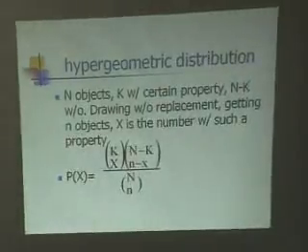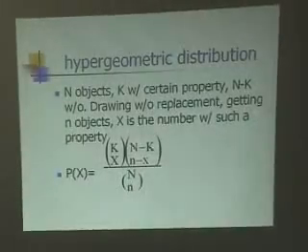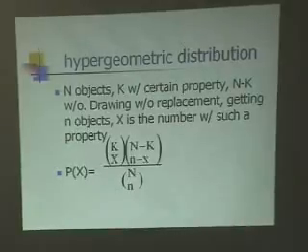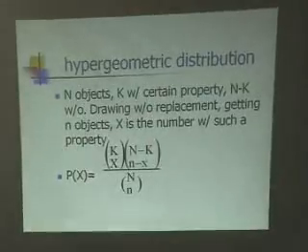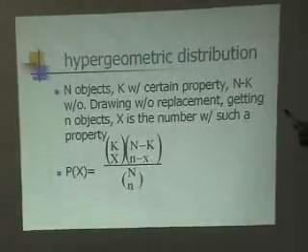It is drawing without replacement when it is hypergeometric. Okay, so let me repeat this again. If you only have 2 different outcomes, drawing with replacement, that is binomial distribution. Drawing without replacement, that is hypergeometric.